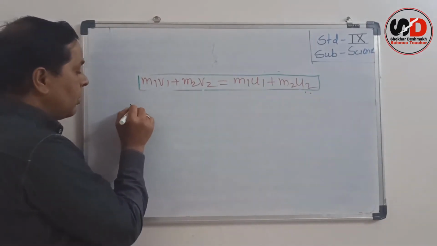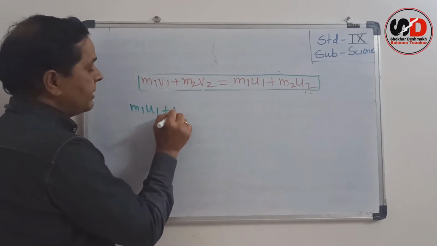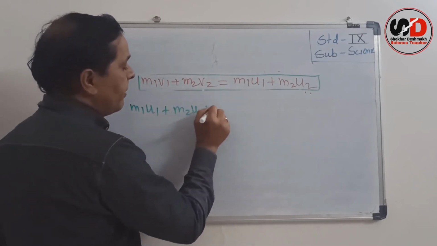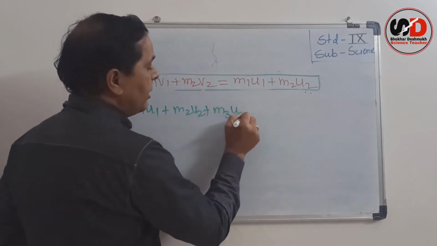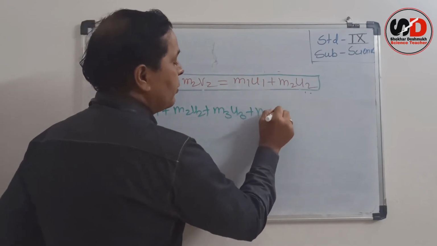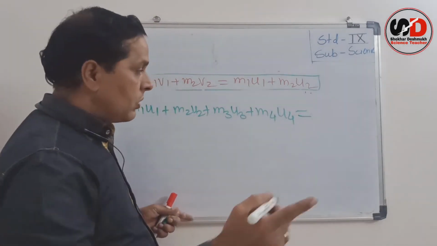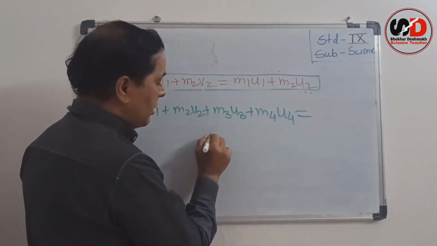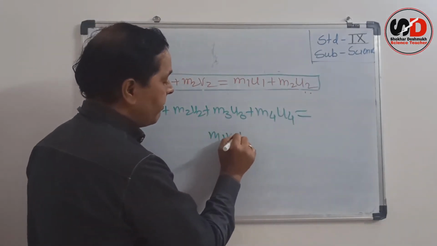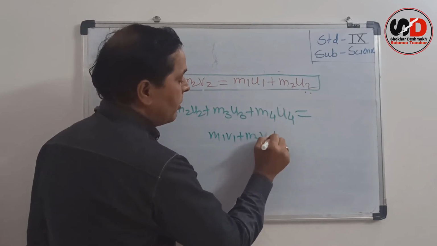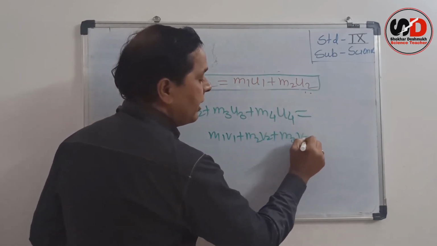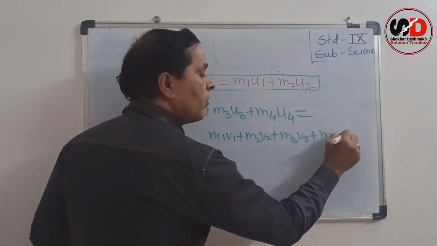So m1u1 plus m2u2 plus m3u3 plus m4u4 must be equal to what? Equal to m1v1 plus m2v2 plus m3v3 plus m4v4.